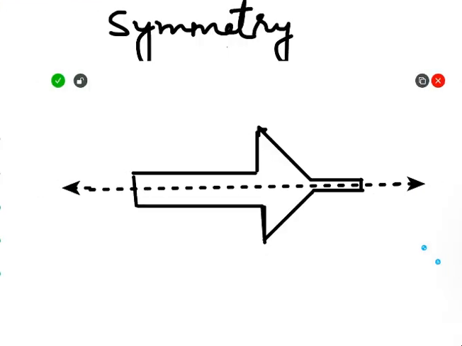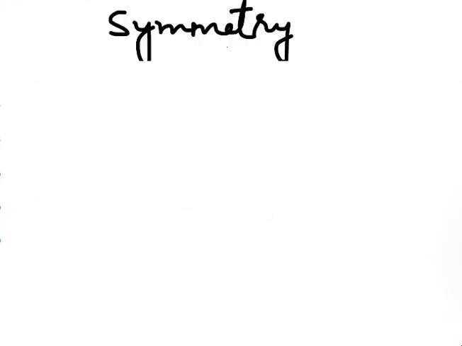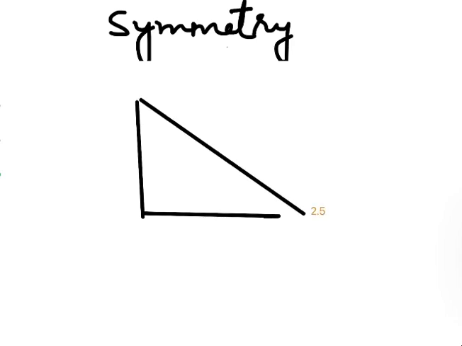The next one, we're going to see: you need to draw a triangle with two lines of symmetry, possibly two lines of symmetry. How can we do that? A triangle is a triangle. You need to draw a triangle. Let's say we draw a triangle. I know how to do it.